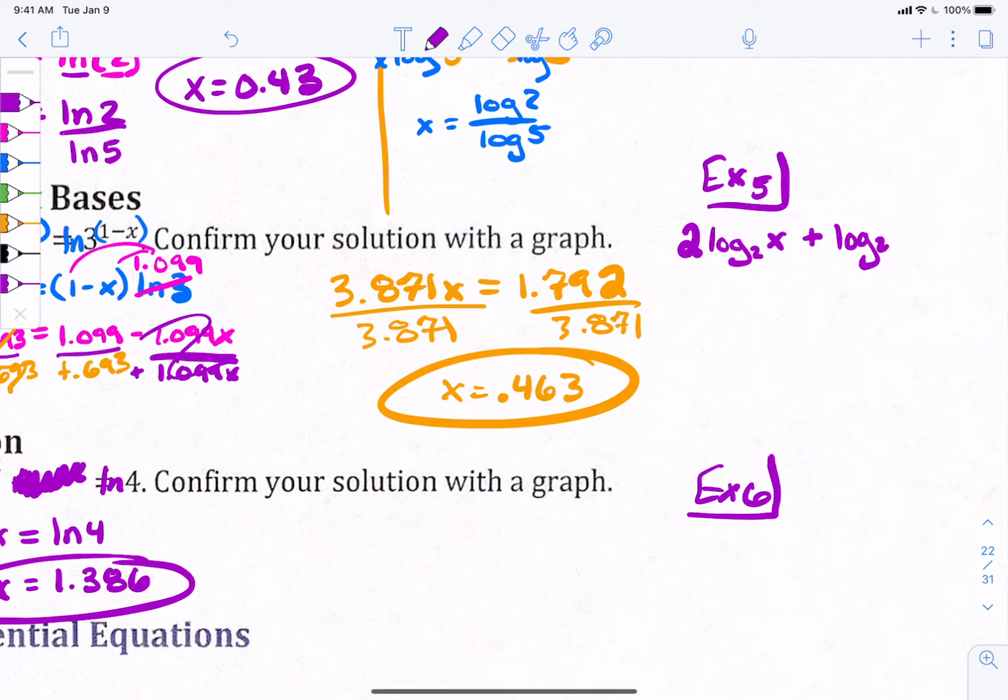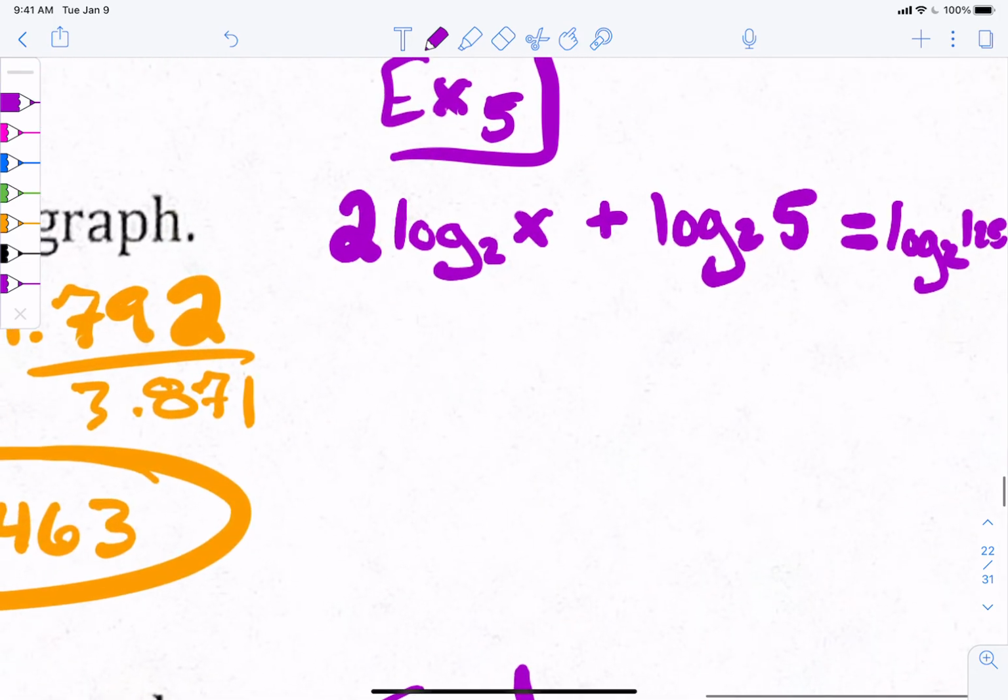Let's do 2 log base 2 of x plus log base 2 of 5 equals log base 2 of, we had to do these on our assignment. You put me on the spot now. I can't think. 125, sure. 125. Let's do it. Okay.